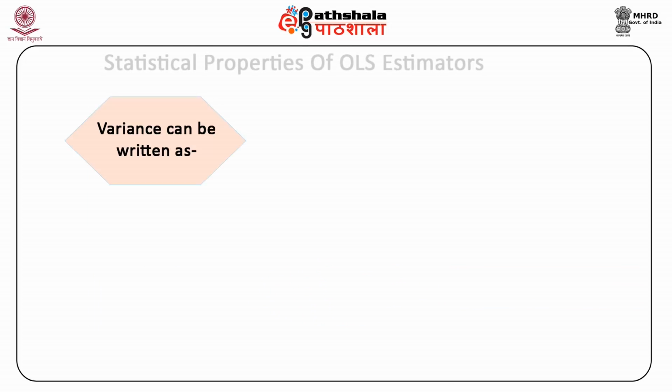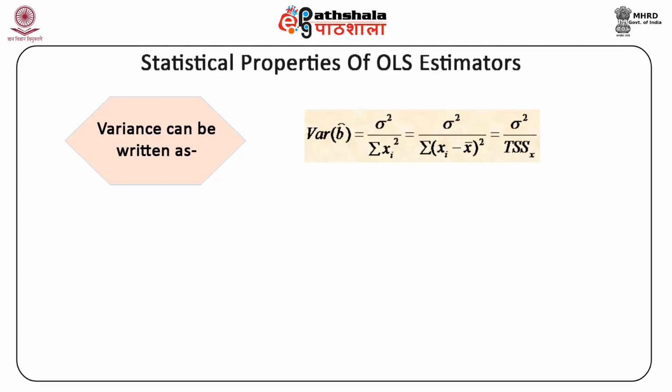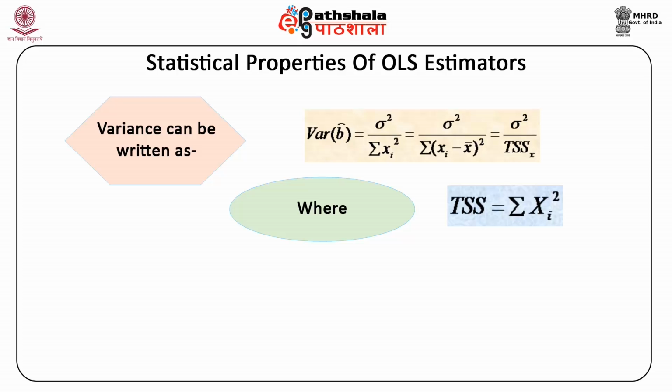Thus, we can write variance of b hat as sigma square upon summation xi square, which is equal to sigma square upon summation xi minus x bar whole square, which is equal to sigma square upon TSS of x, where TSS, that is the total sum of squares, is equal to summation capital Xi square.